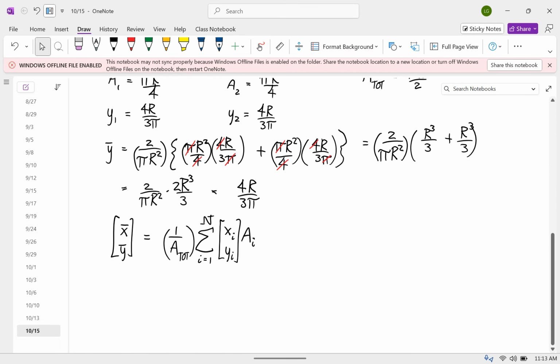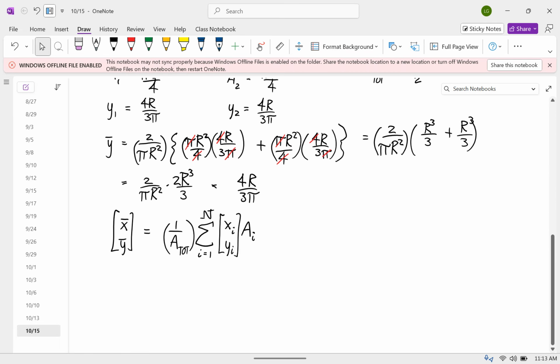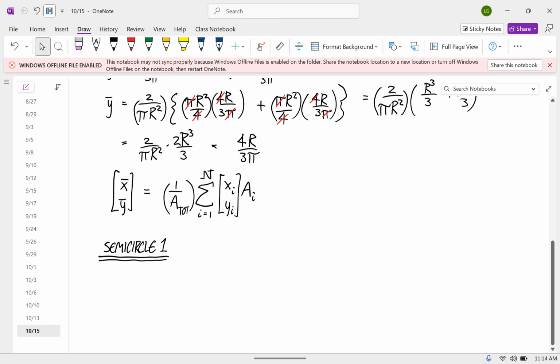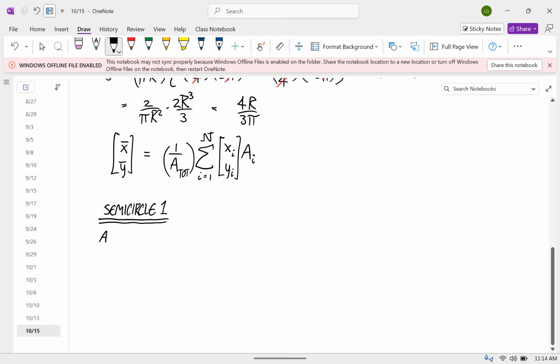All right, so let's start putting this together. So semicircle 1 has an area of pi times 1 squared over 2, so pi over 2.